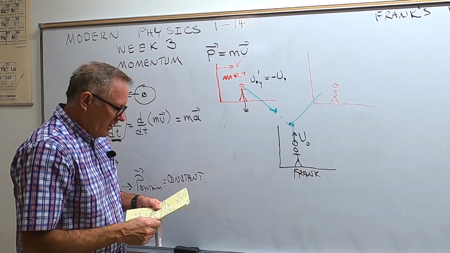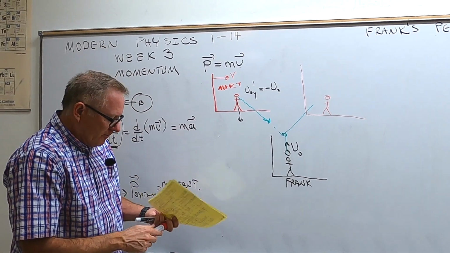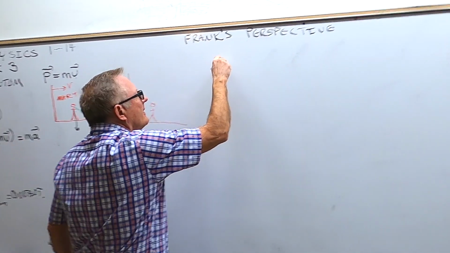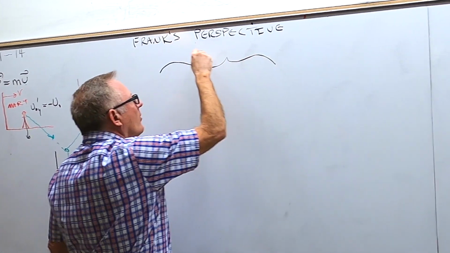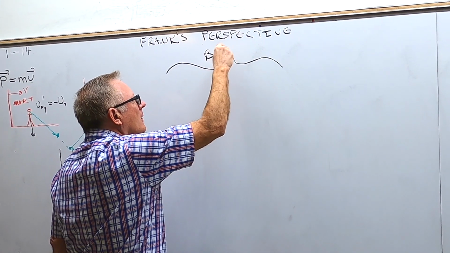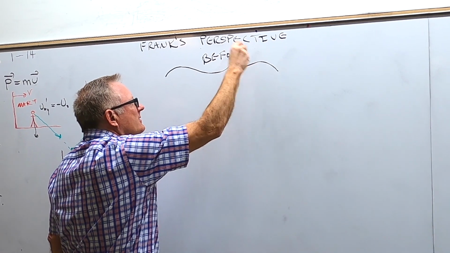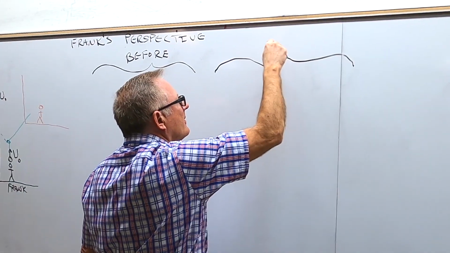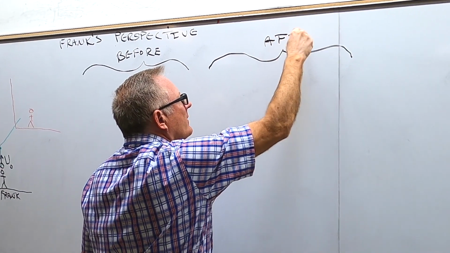Okay, so now what we want to do is look at it before the collision and afterwards. So right here, this will be before the collision, and over here, this will be after. So we can keep it straight.